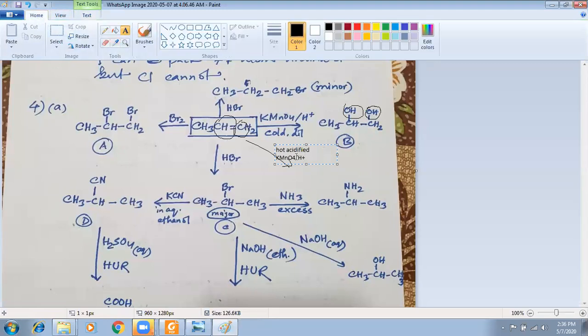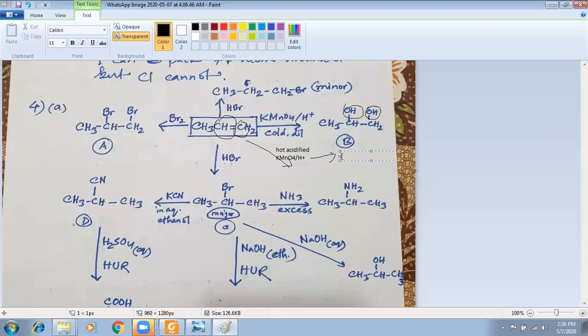On one side we will get CH3CHO, acetaldehyde. There will be two products, right? One is CH3CHO, and another product will be carbon dioxide.